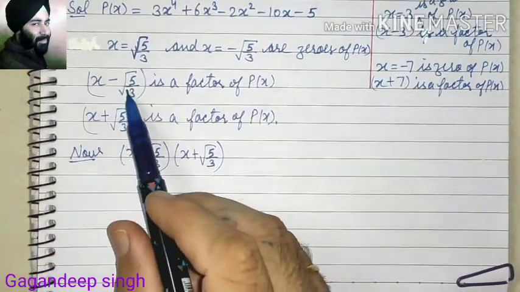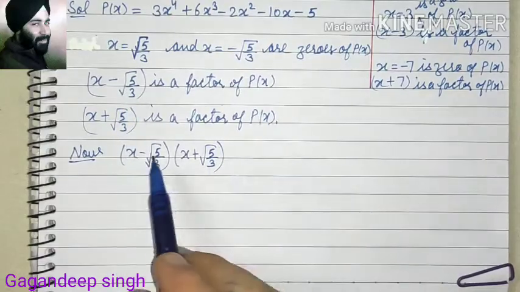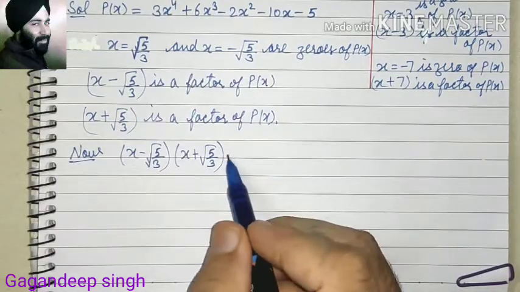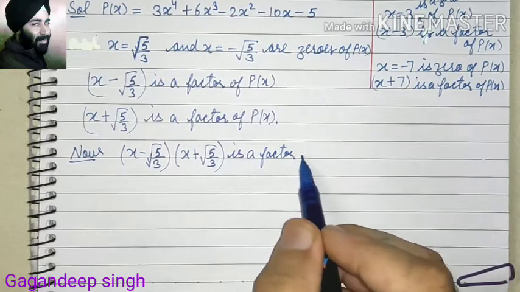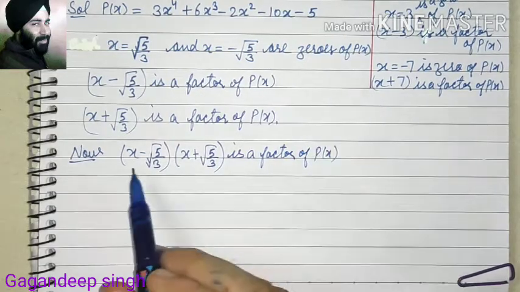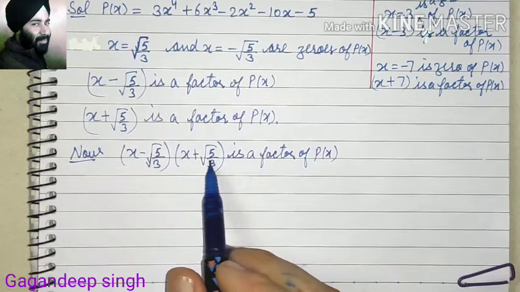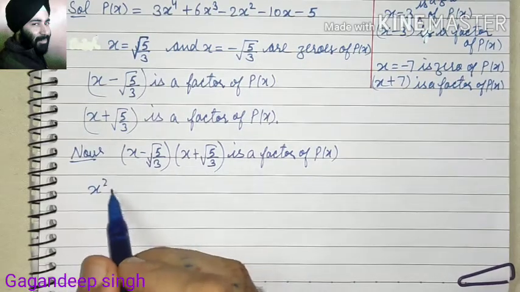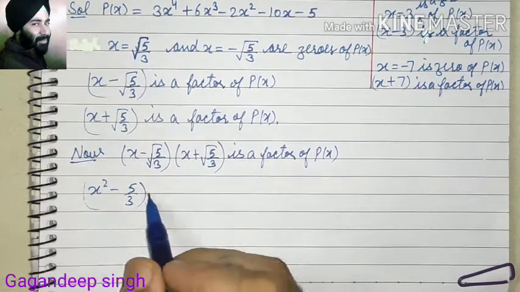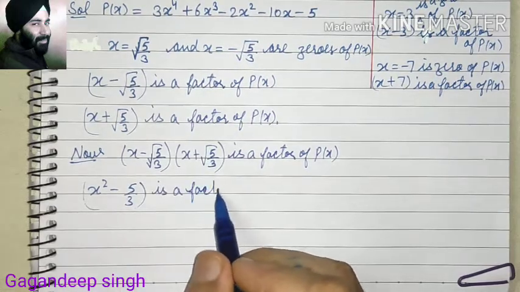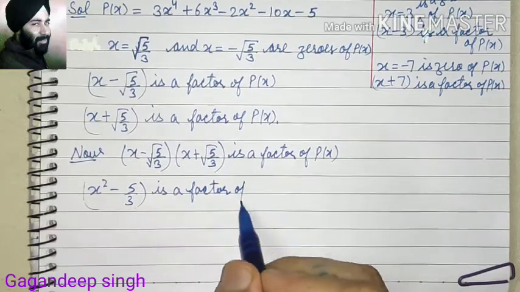Now, if two factors of px are there, then product of these two is also a factor of px. And we can apply a minus b, a plus b, a square minus b square is a factor of px.